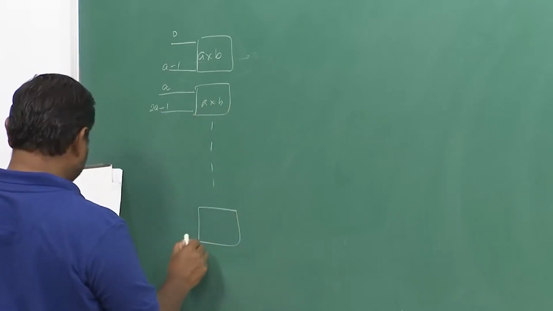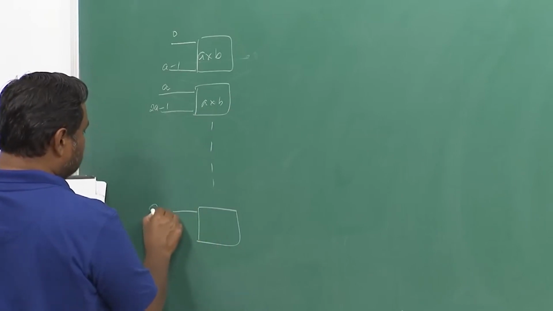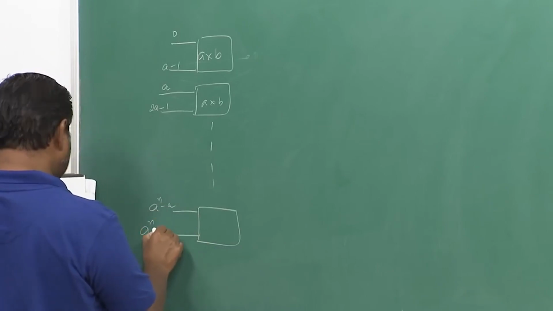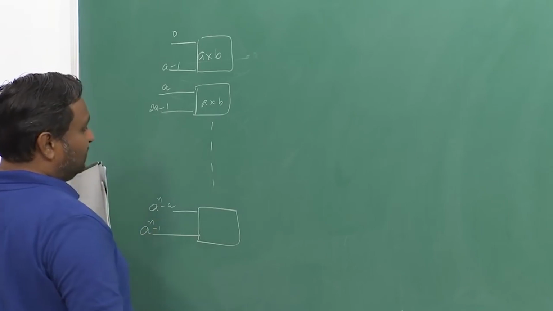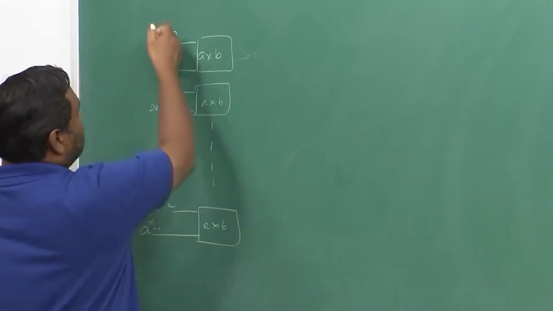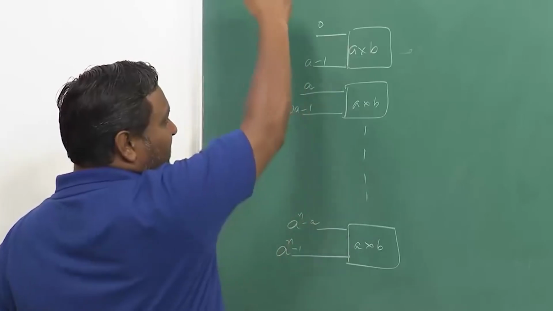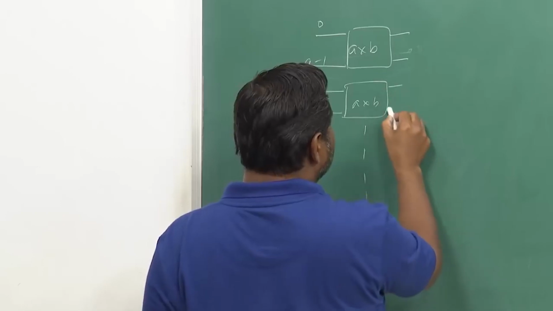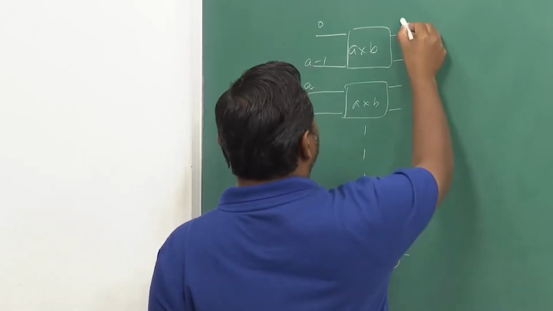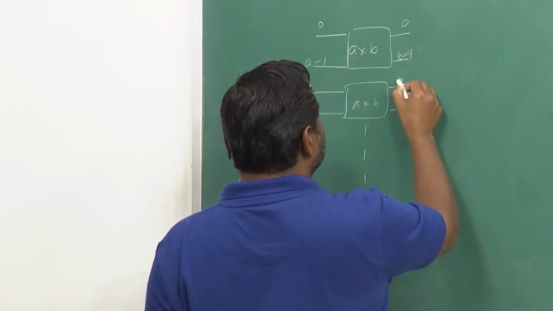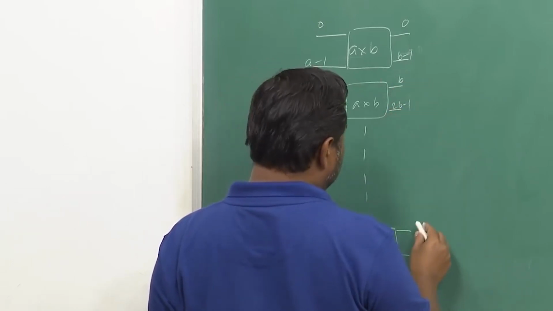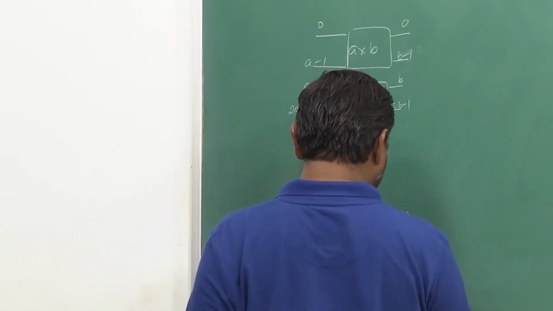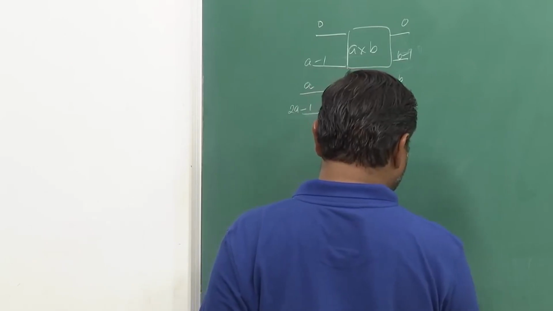The last one will consist of a raised power n minus a, a raised power n minus 1, this will also be a by b. The switches inputs will be numbered in this fashion from top to bottom. I will also be numbering these outputs correspondingly in the same fashion. They will be numbered from 0 to b minus 1, this will be b to 2b minus 1, okay, and last one will be b raised power n minus b, b raised power n minus 1.